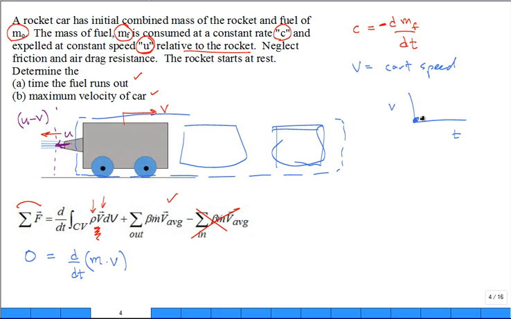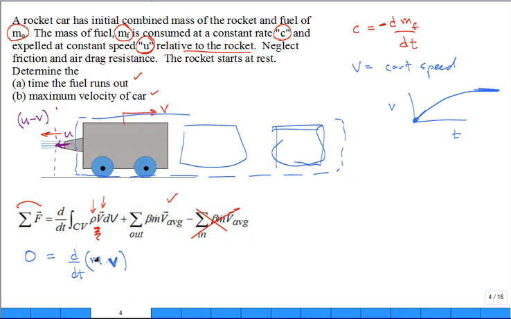It starts at 0, and it's going to rapidly increase and then taper off because the fuel is going to be expelled and be done, right? Actually, it may do something like this. Maybe, yeah, something like that, where it's going to reach a maximum speed and then just coast. All right. So that's what V is.